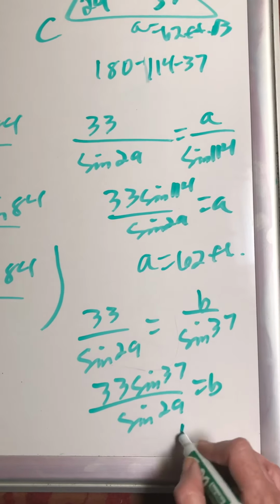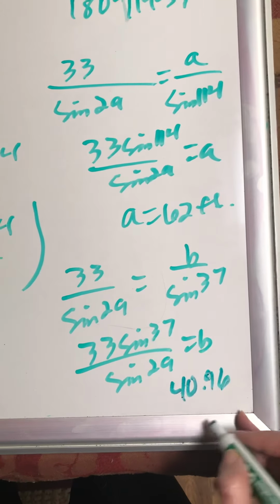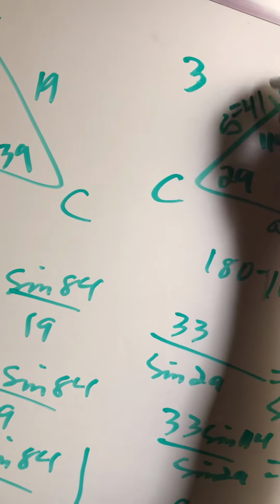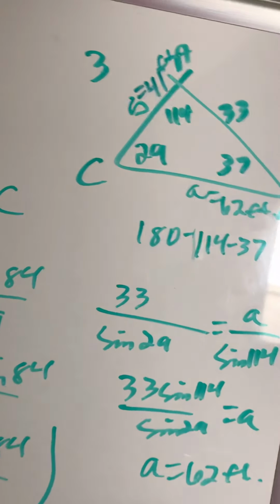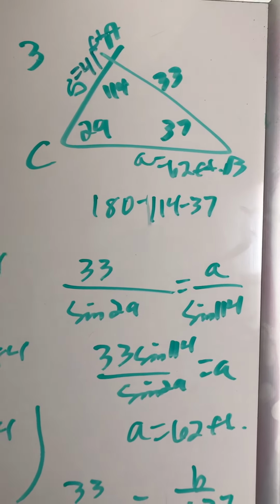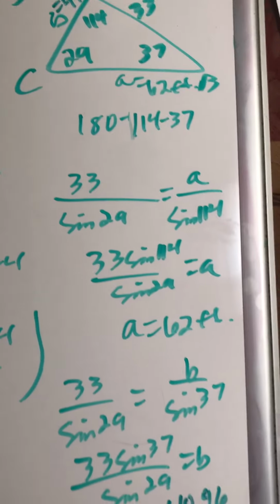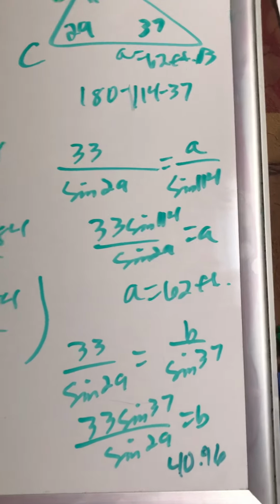Hit enter. It's 40.96. I want it to the nearest foot because that's what I'm told to do. So it's 41 feet. And so that solves number 3. Again, lots of law of sines, lots of law of cosines on this test.